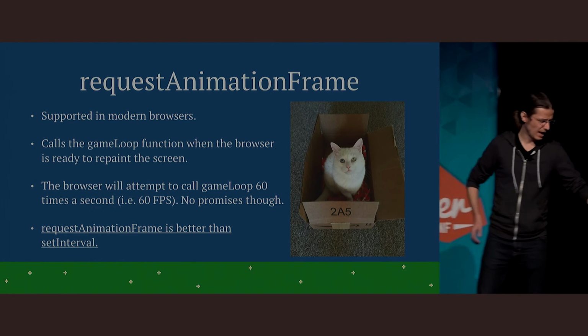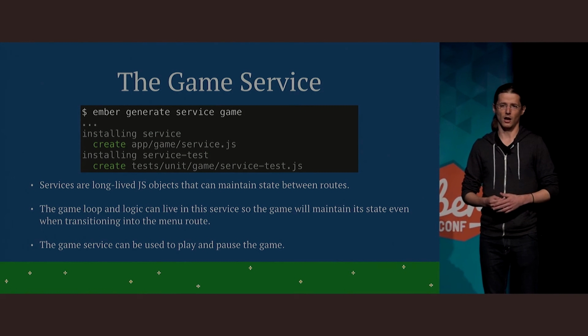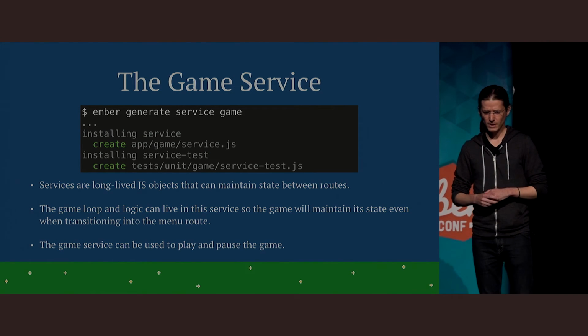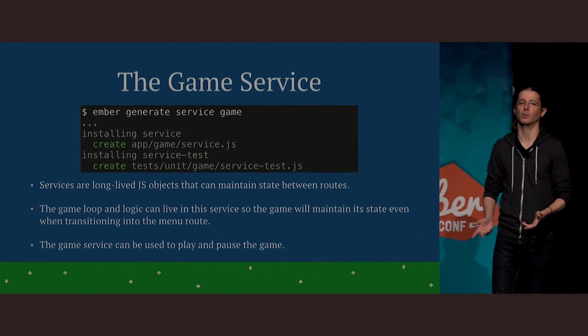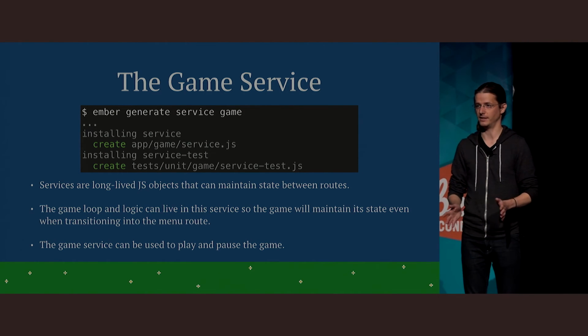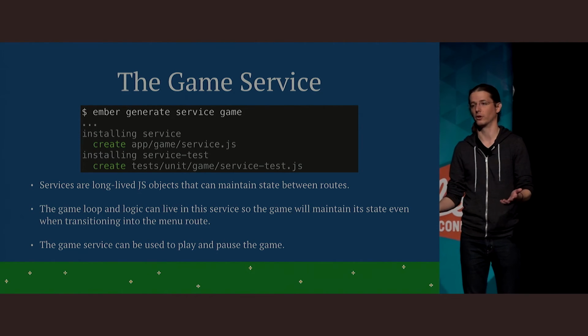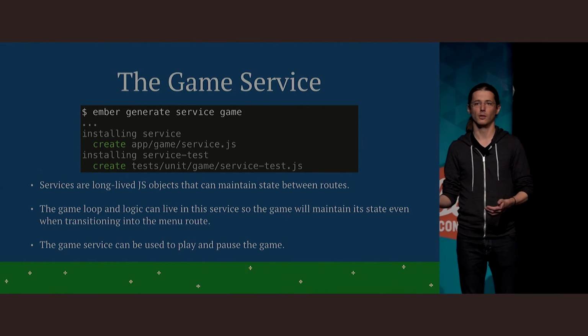Having talked about how the game works and how the loop works, the next part is, where do we put this game logic? We want the game to maintain its state when it's in any route. We don't want the game to reset, for example, when you go into the menu.